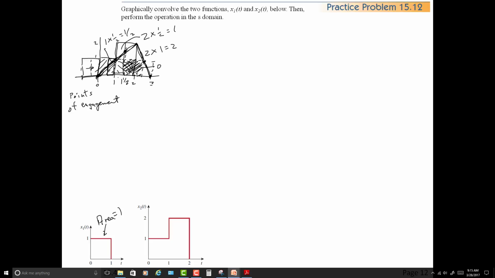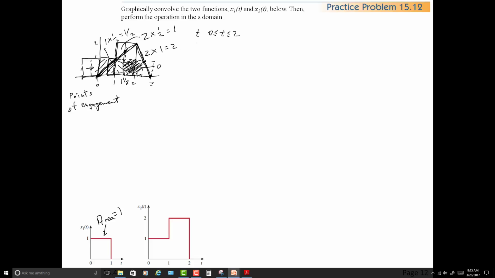Okay? So we could write the equations for that, probably not too hard, right? That looks like it's t. The function is t when t is greater than or equal to 0 and less than or equal to 2. Right? Yes.